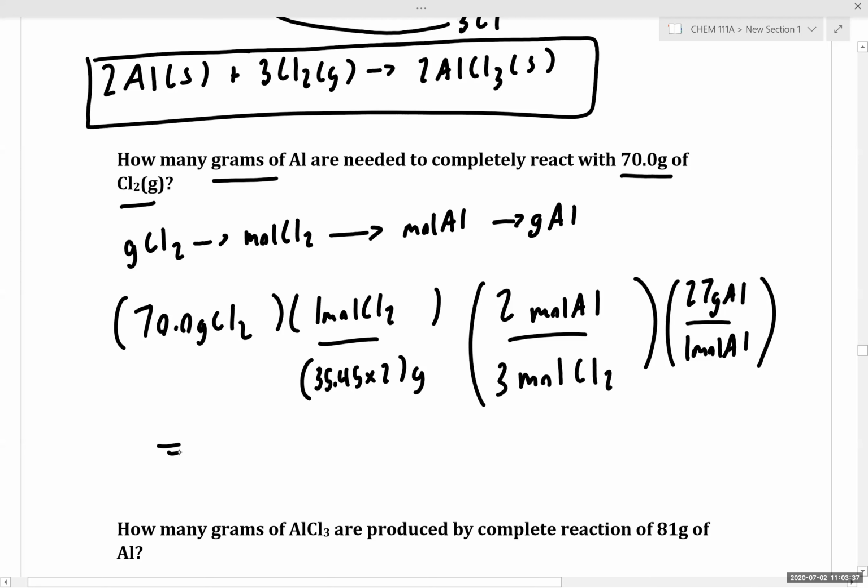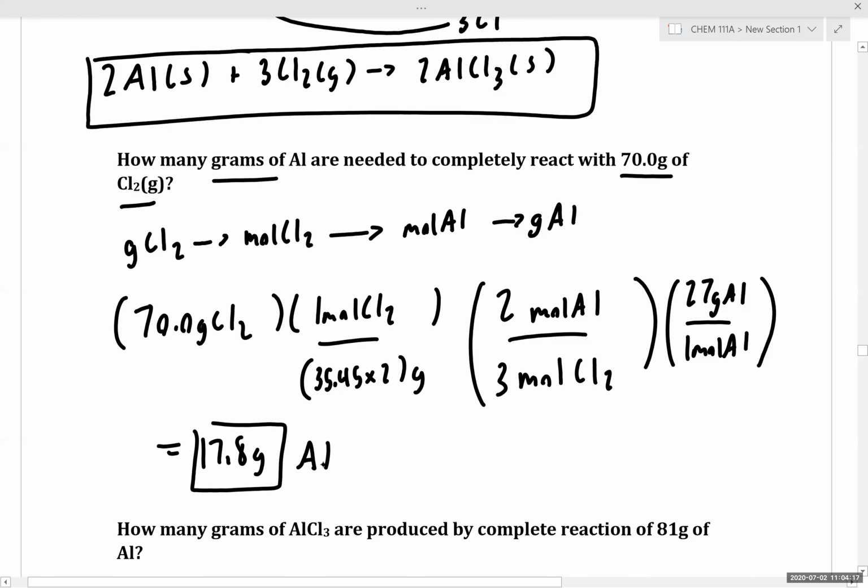And if we punch that into our calculator, that in turn gives us 17.8 grams of aluminum.